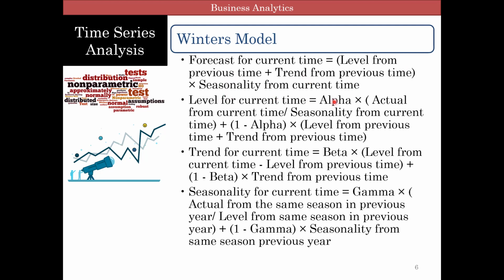For level at the current time, you used alpha times actual from the current time divided by seasonality from the current time, plus 1 minus alpha times the previous level and trend. Here are the formulas, which are also in the Excel file, so you can go through them, and this should be self-explanatory.